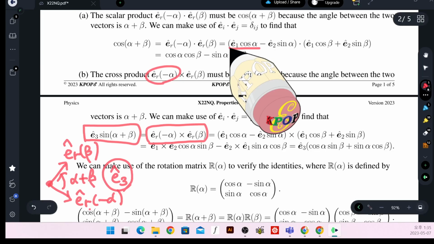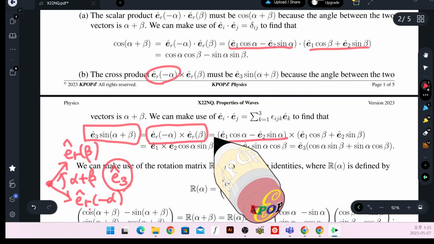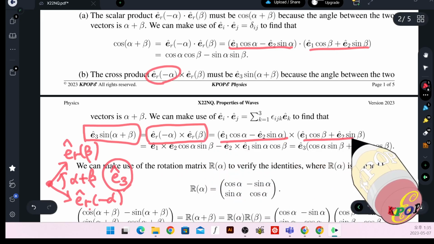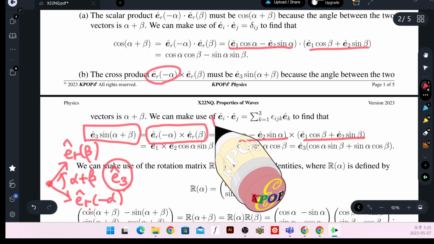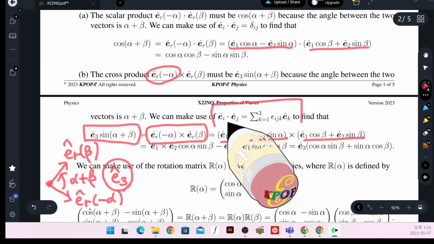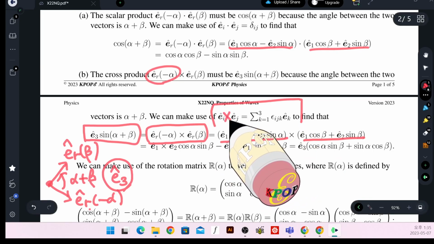Now we substitute these values for this and that. We make a vector product. Oh, there is a mistake. This should be the cross product instead of scalar product.